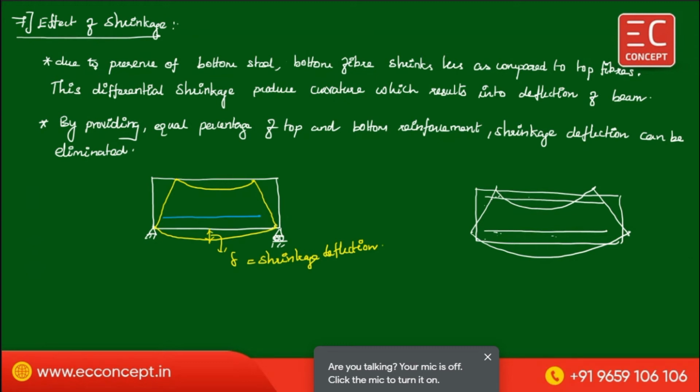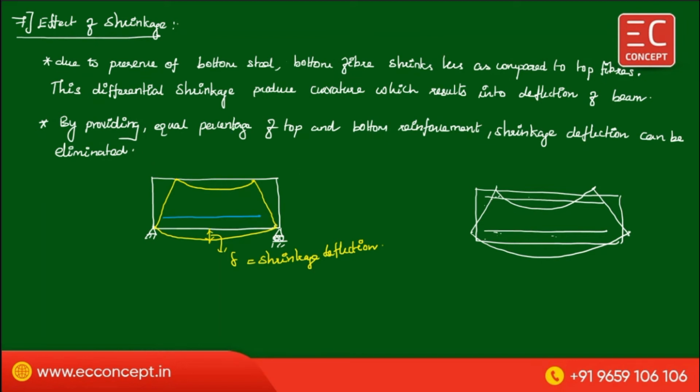Now see the effect of shrinkage. Due to the presence of bottom steel, the bottom fiber shrinks less as compared to the top fiber. This differential shrinkage produces curvature, which results in the deflection of the beam. Here is one value of shrinkage, there is another value of shrinkage, so this difference produces a curvature that is responsible for the deflection.